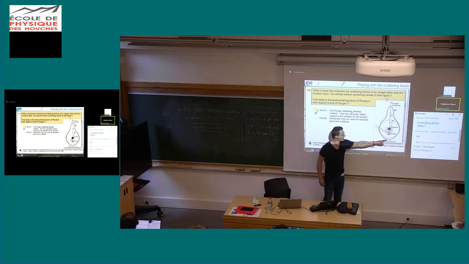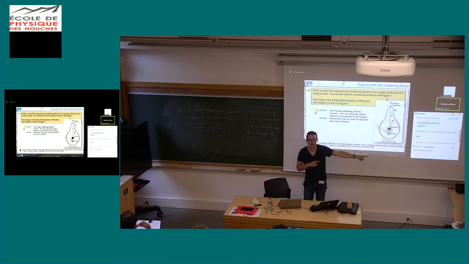We can clearly see that there is a strong backscattering factor for rhodium compared to that of oxygen. So my first question is, how large is the scattering factor of rhodium versus that of oxygen? For this, you will have to compute the scattering factor. Just build a system with 2 atoms, compute the scattering factor, and tell me. All right?